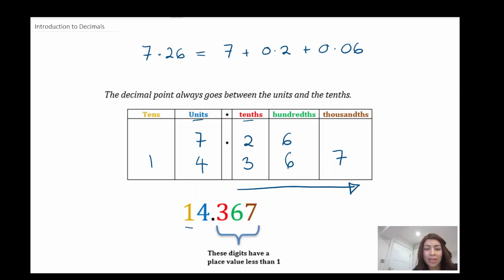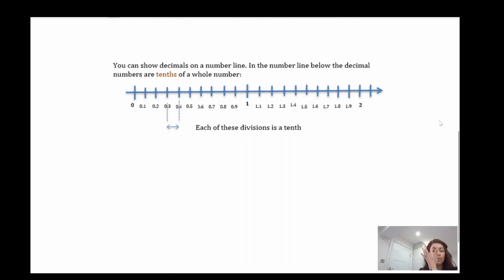We can look at decimals using a number line. Let's take a look at a number line together. So you can show decimals on a number line. In the number line below, you can see that the decimal numbers are tenths of a whole number.